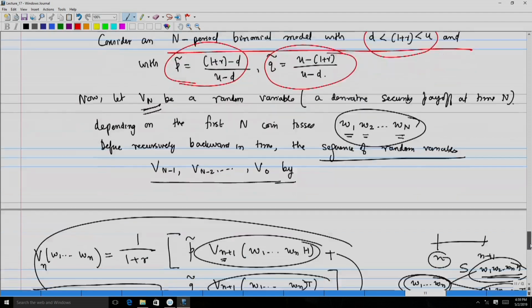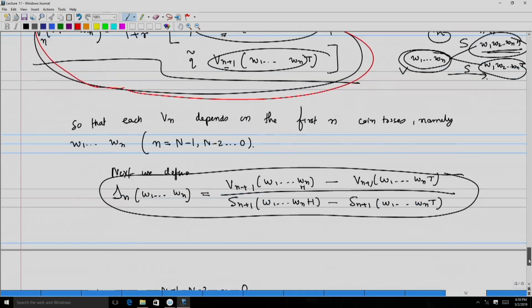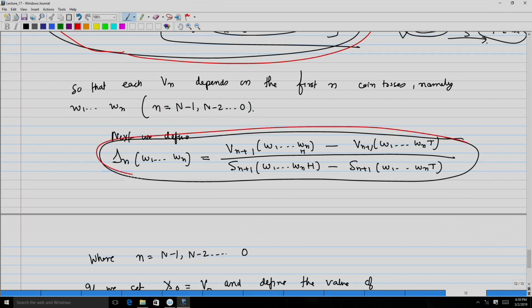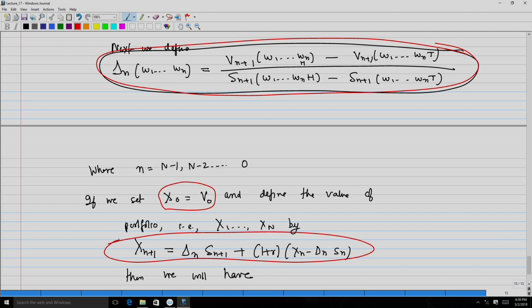If I define the values of Vn in this manner, starting off with capital VN as the payoff of the derivative, and if we define the delta n to be this, then a process where I start off with X0 equal to V0 as already defined, and then all the subsequent Xn's are defined by making use of the delta n's which I have defined here.